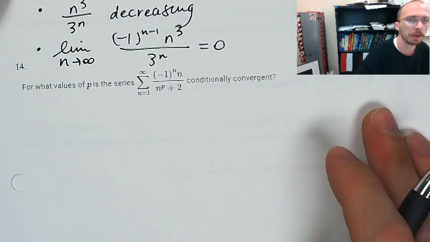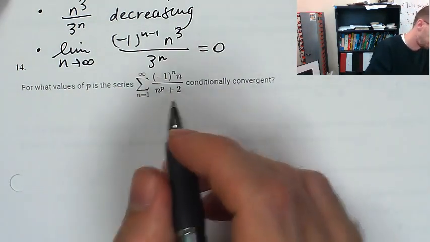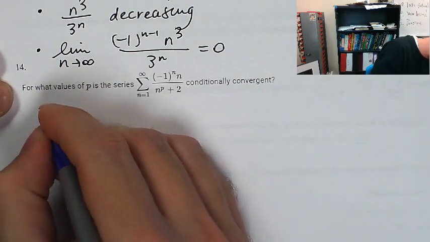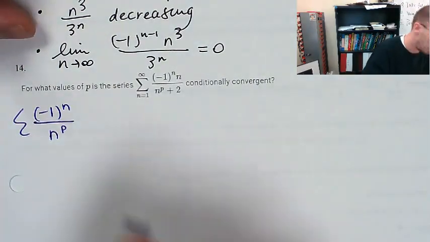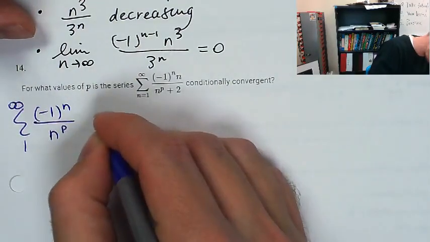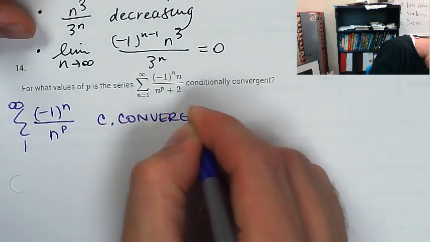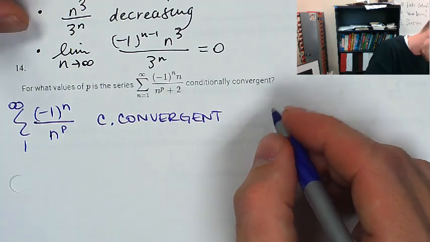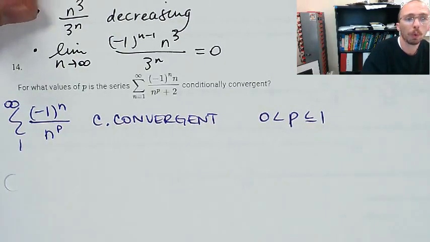For what values of p is this series conditionally convergent? Well, for comparison, I've got negative 1 to the n over n to the p. That series is conditionally convergent when p has got to be greater than 0, and I think less than or equal to 1.